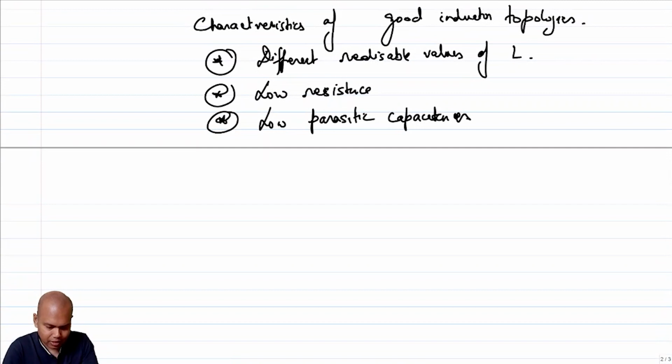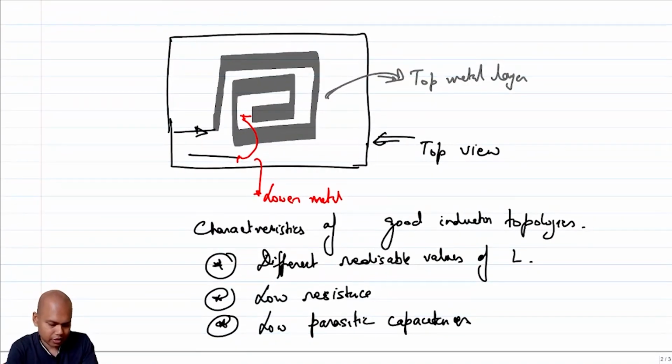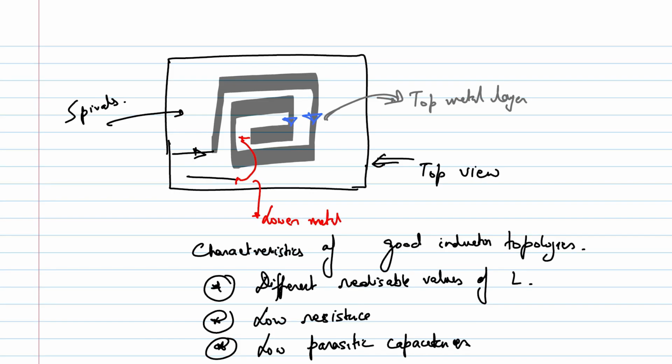Now we'll try to understand whether, if we make these kind of spiral inductors, what are the issues that one might face? Firstly, let's take the resistance.